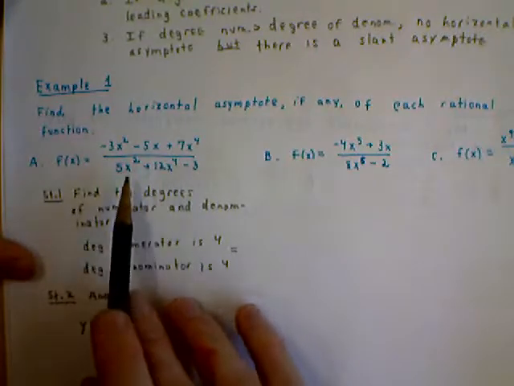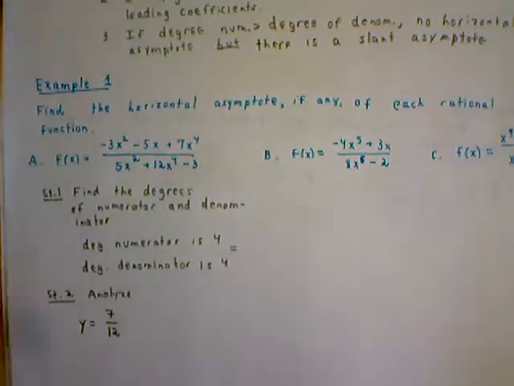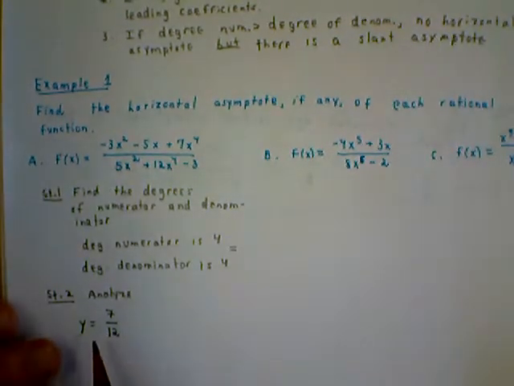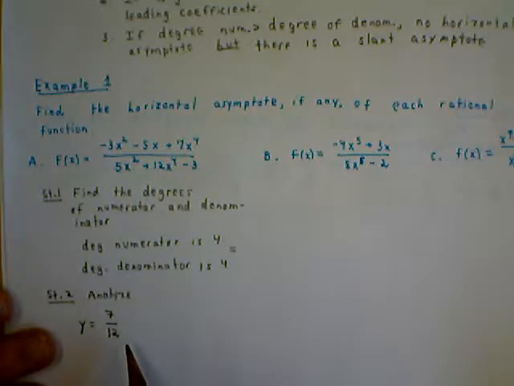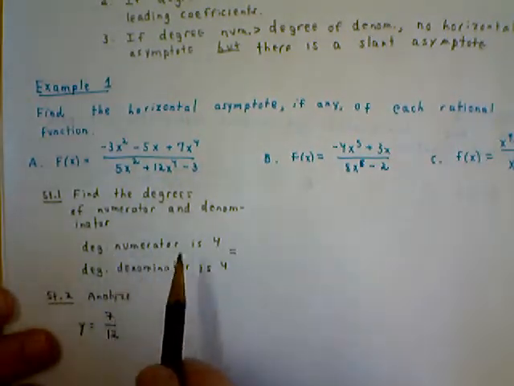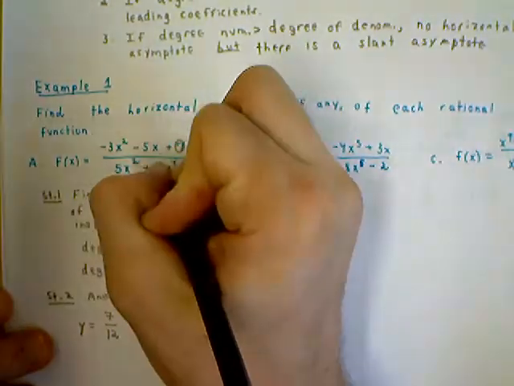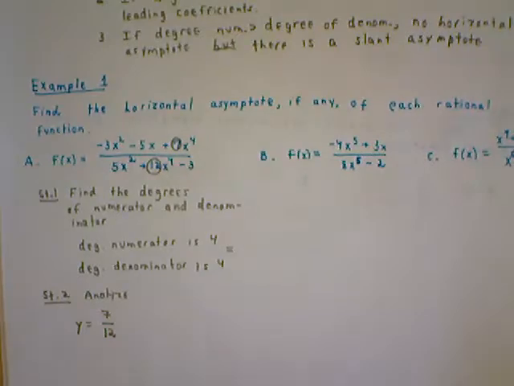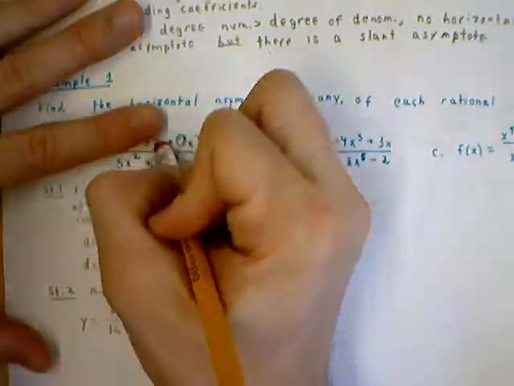The coefficient of 12x to the fourth is 12. So I'm going to have a horizontal asymptote at y equals 7 over 12. Since the degree of the numerator equaled the degree of the denominator, I took the ratio of the leading coefficients.